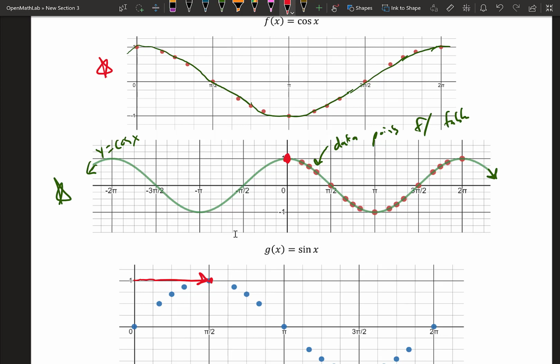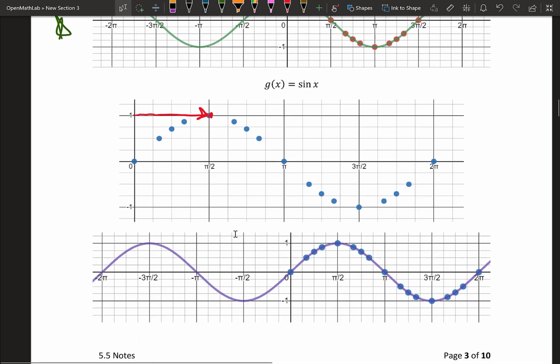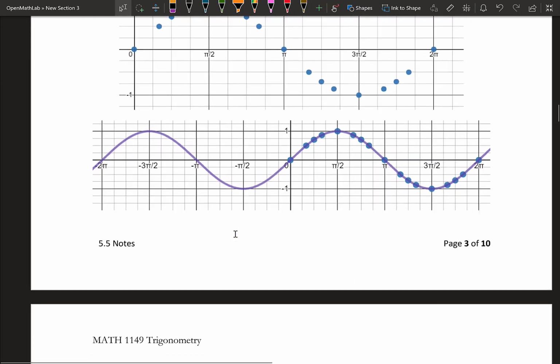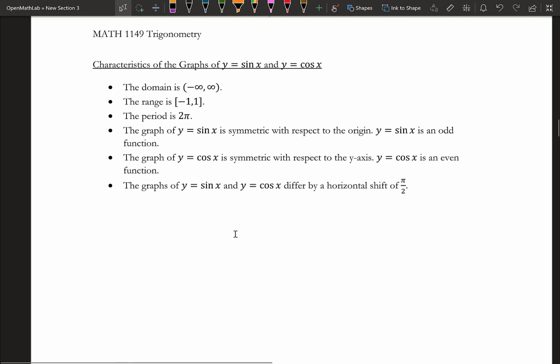So it's essentially shifted to the right pi over 2 units. Sine is shifted from cosine. So they're fairly identical. They behave very similarly. So then on the next page, we have some characteristics of graphs of sine and cosine.